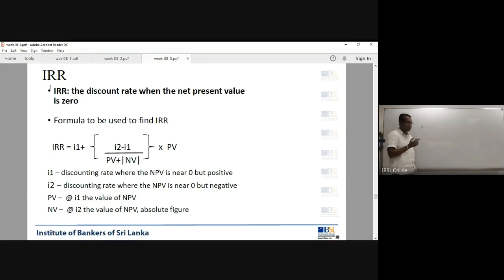You have to apply a guesswork. NPV equals the sum, n equals 1 to capital N, of future value divided by 1 plus I to the power n, minus I. This is the formula.